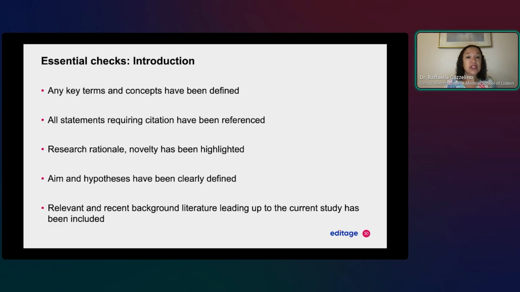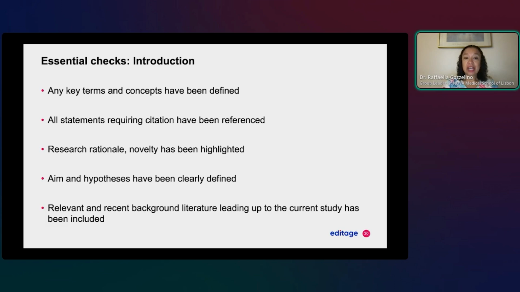All statements requiring citation need to be very well referenced, because those statements might not be yours. All that is not speculation needs to be very well defined, because scientific advances are based on a scientific hypothesis that has been addressed before. And then you need to reference those studies.